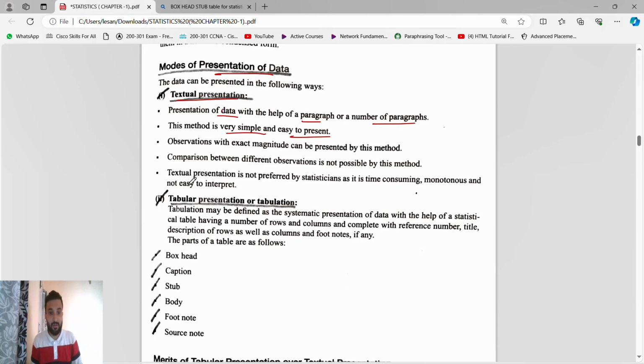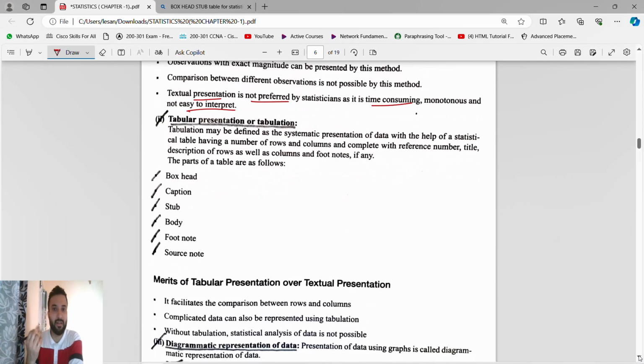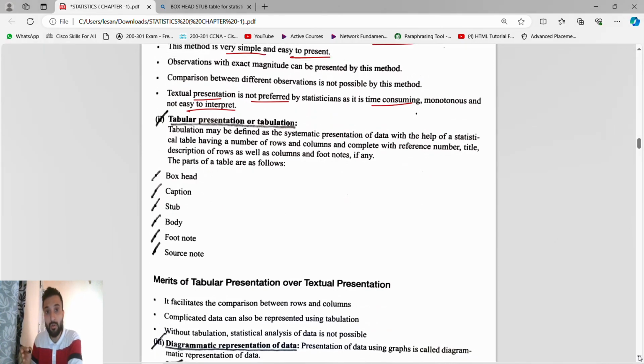That's why textual presentation is not preferred, as it is time consuming and not easy to interpret. You have to first read everything, underline the important points, then arrange them in order before you can present. It is a very difficult process. So it is easy to present but difficult to understand and interpret, because it takes a lot of time.